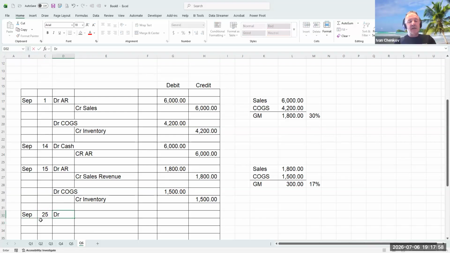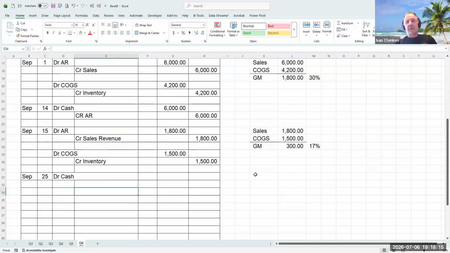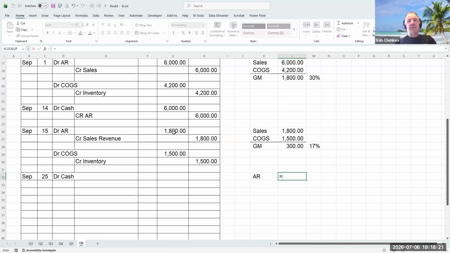Let's see how much cash we're going to get. If he pays within 10 days, which he does, he can deduct a 2% discount. Now, how much is the accounts receivable? Accounts receivable at this point is sitting at $1,800. If he applies the 2% discount, how much can he deduct?